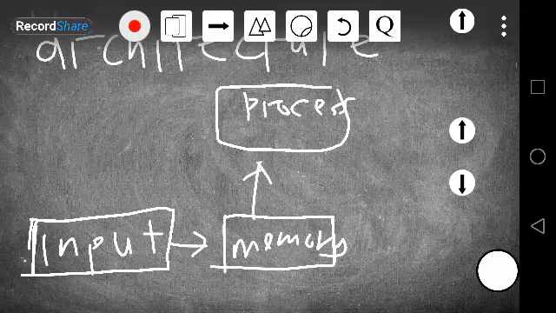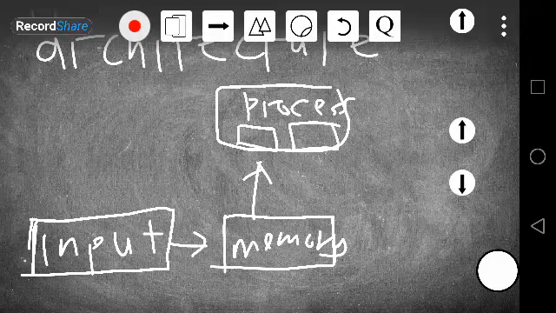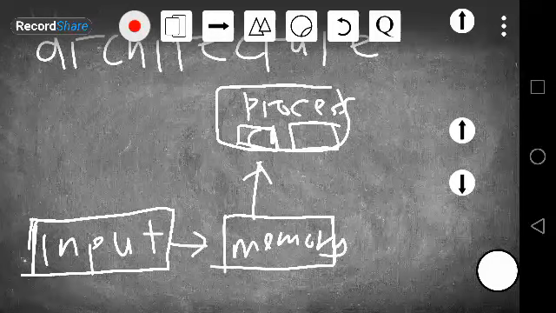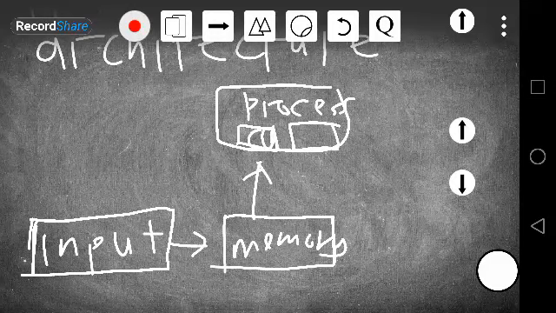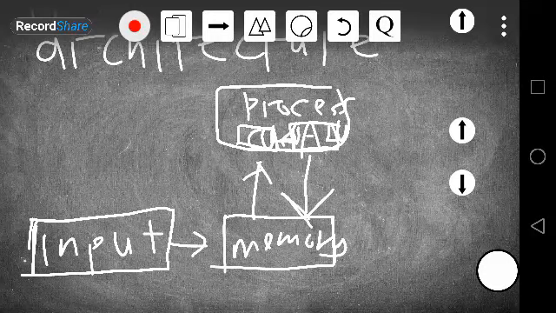So in the process, there's the CU and the ALU. CU and ALU have a two-way relationship.